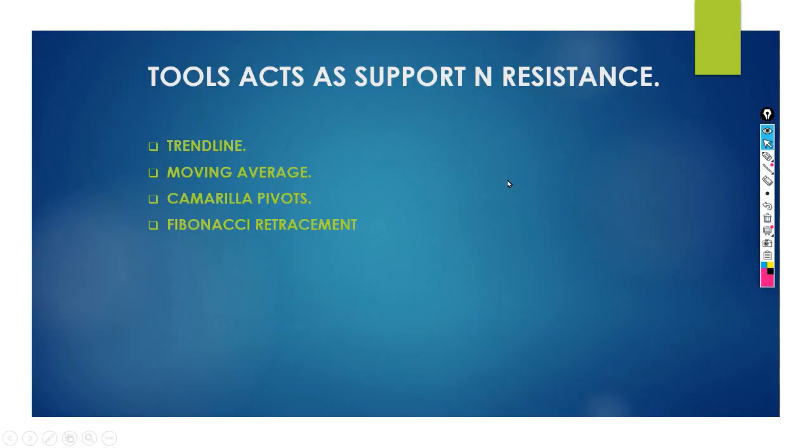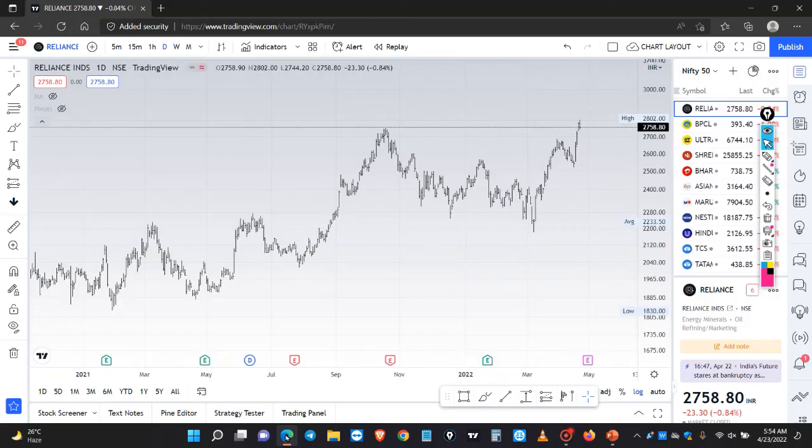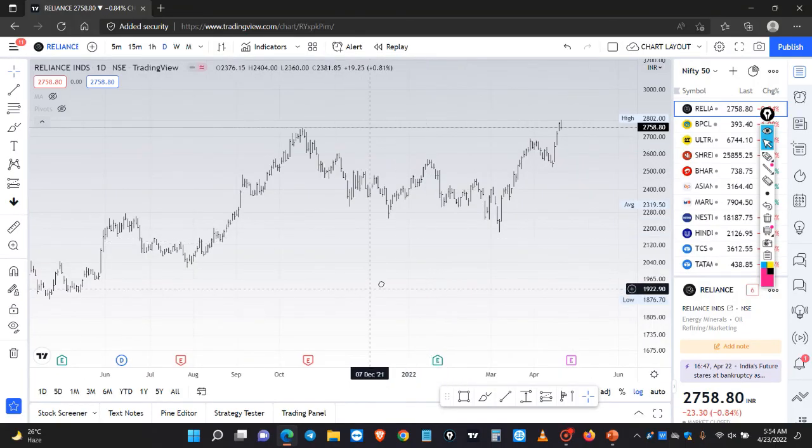Now, tools that act as support and resistance. You might have heard about the trend line, the moving average, the Camarilla pivots, and the Fibonacci retracement. So let's look at the charts. The first one is the trend line.